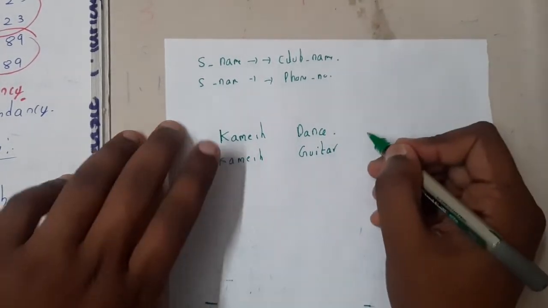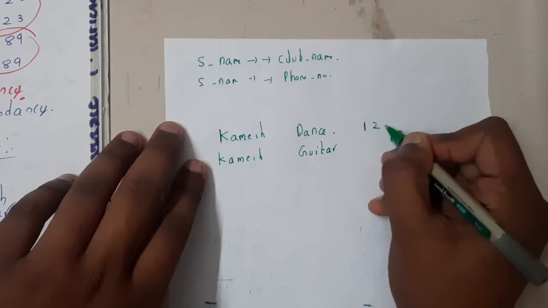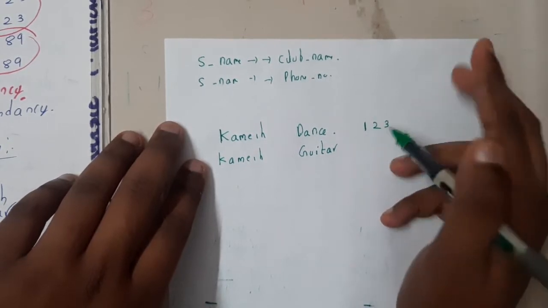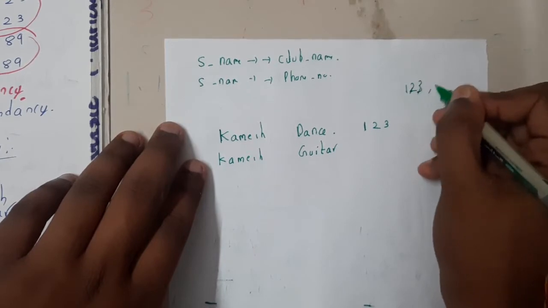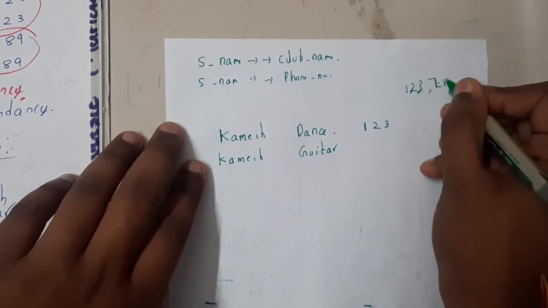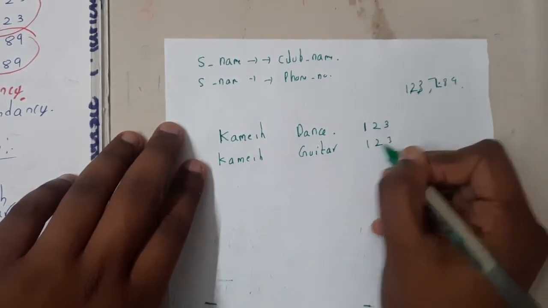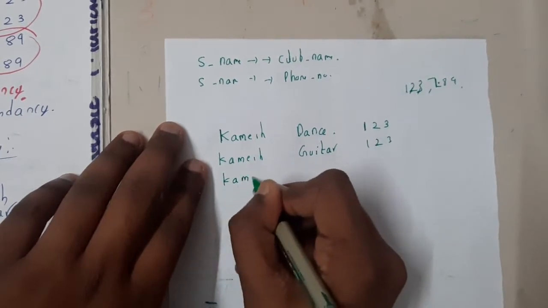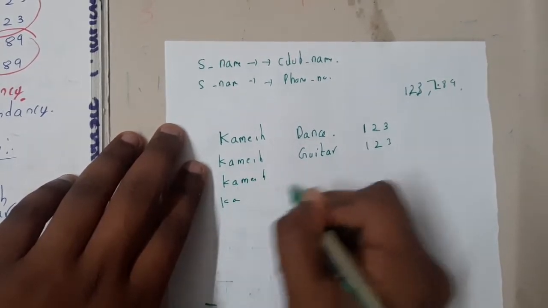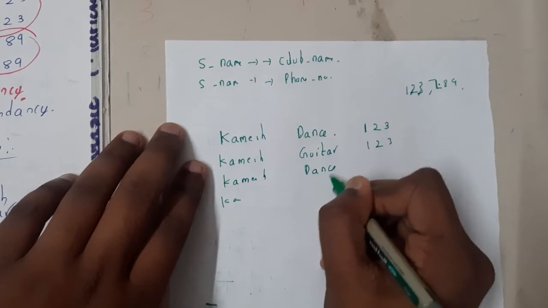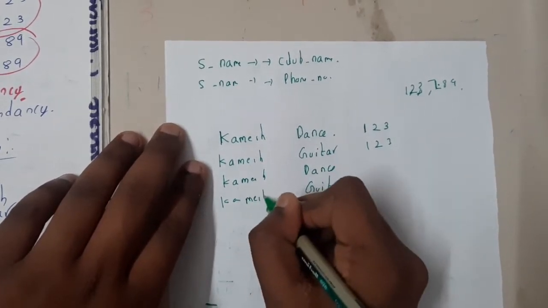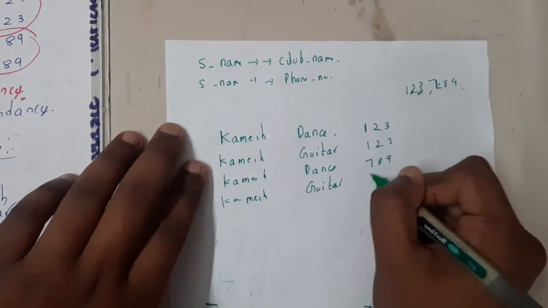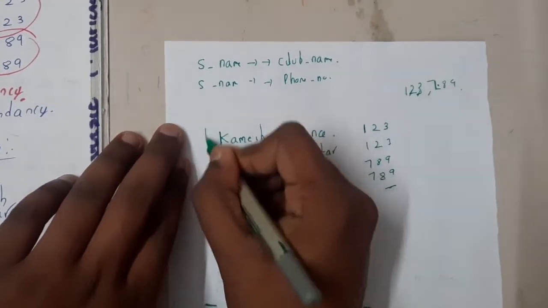He has two phone numbers: the first phone number is 123, and the second phone number is 789. Kamesh, dance, guitar, 789. So this will be the final table.